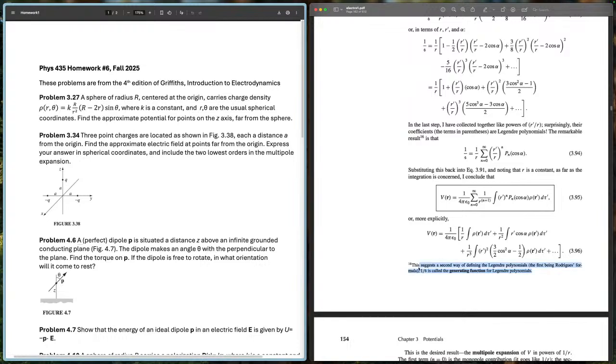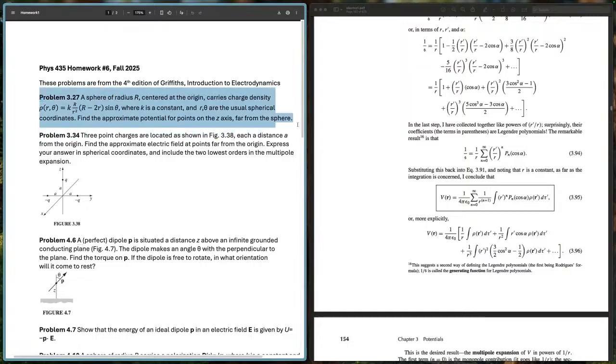Oh yeah, so it gives a generating function form. So it seems like this problem is a direct application of Formula 3.95.